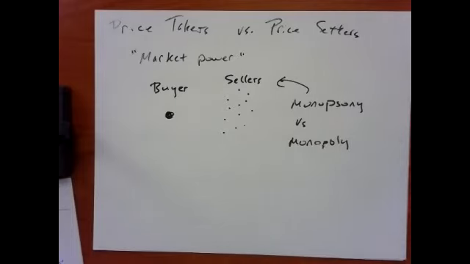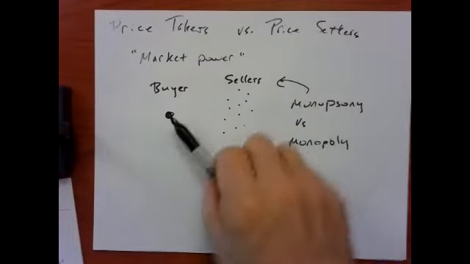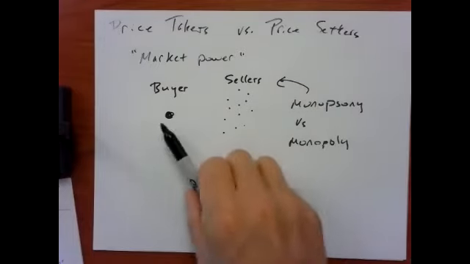So market power just means whoever has market power gets to set the price, whether that's the buyers or the sellers. In this case, the buyer would have market power.